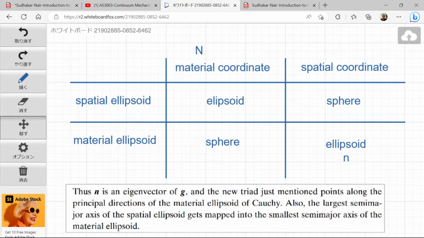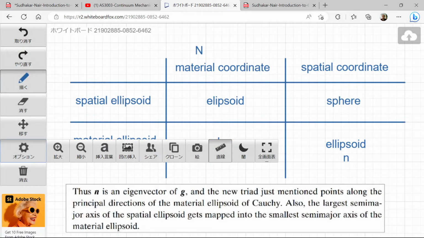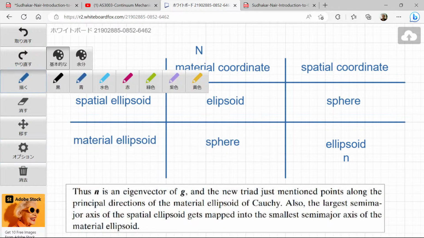See, I think we consider the spatial ellipsoid, right? We have been considering the spatial ellipsoid. So this becomes an ellipsoid.